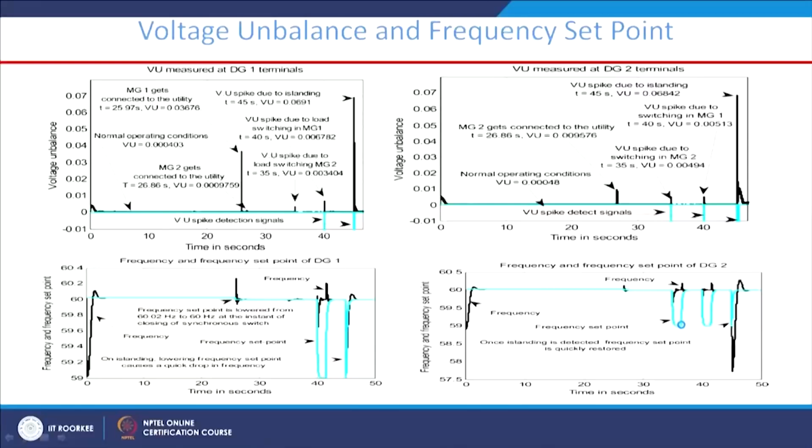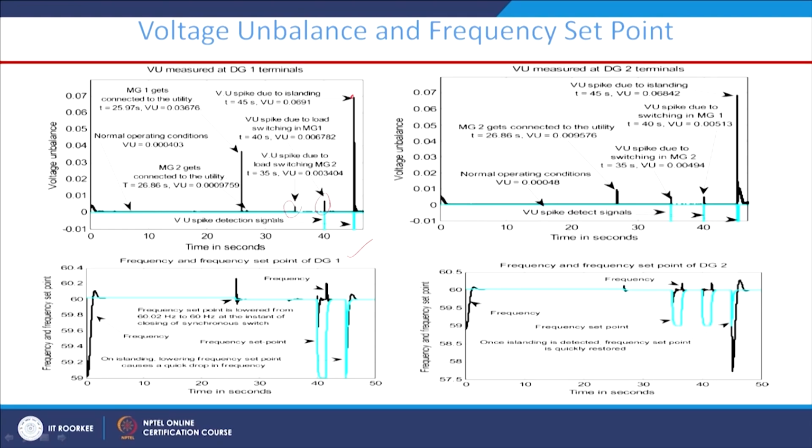Now, they have taken this particular system, and this is the result. Let me explain this part. See the frequency and frequency set point for DG1; they have taken 2 DGs, and these are the corresponding results. For DG1, you can see at this point the voltage unbalance is crossing the threshold, and at this point the UV is not crossing the threshold, very small values.